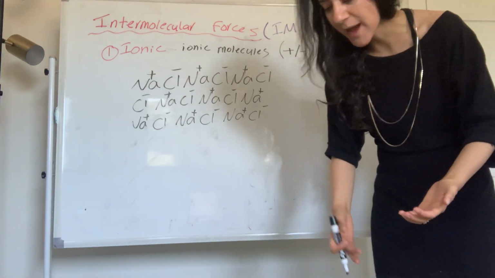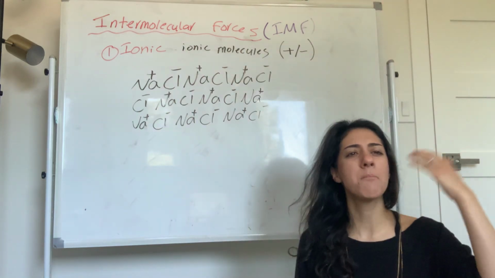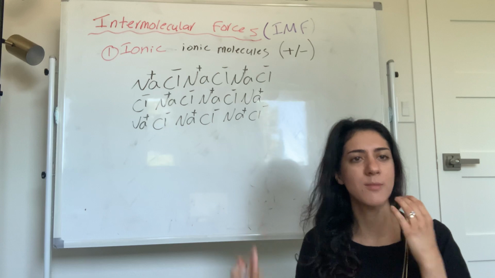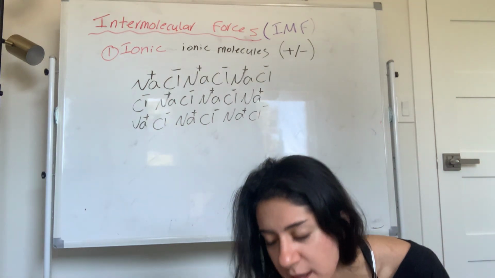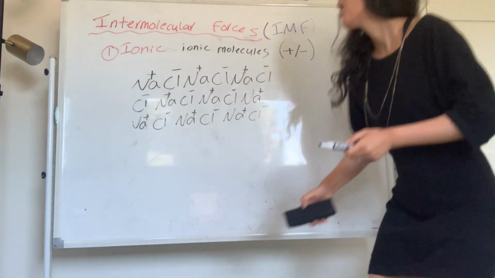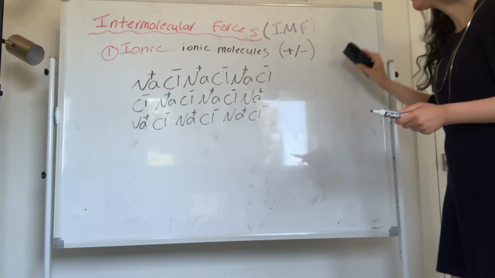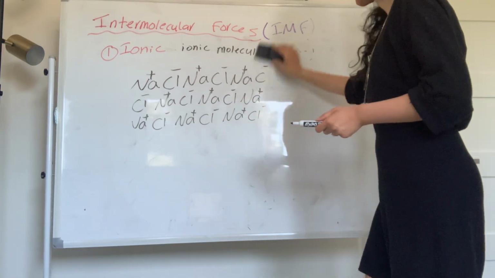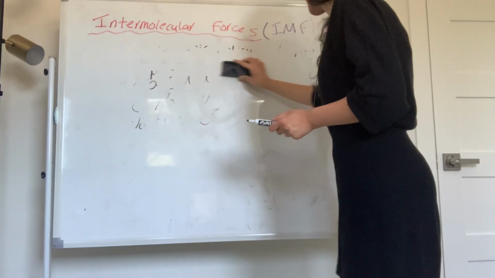So next time you see a bag of salt, you go, oh, there are millions and millions of molecules in here. How are they all held together? Through plus minus attraction. Sounds good? Okay, so that was our first one, ionic interaction. It's for ionic molecules, and it is the attraction of plus minus charges. Beautiful. Hopefully you got this down.